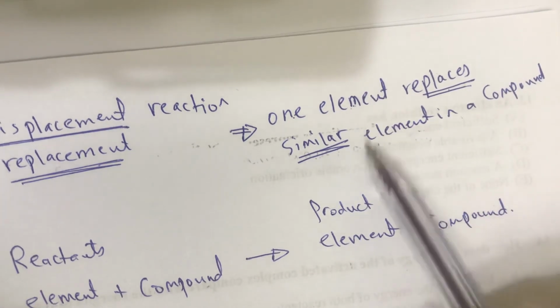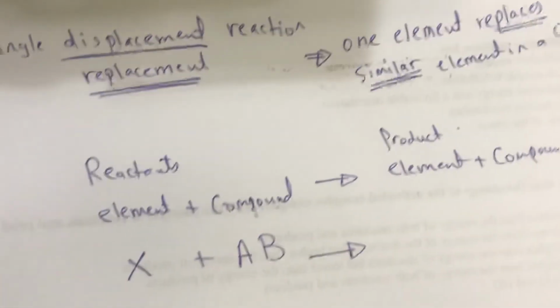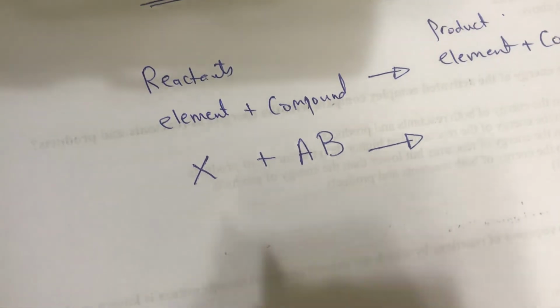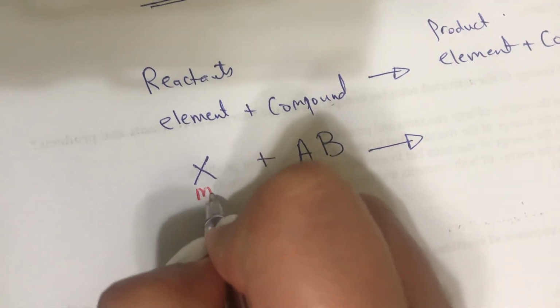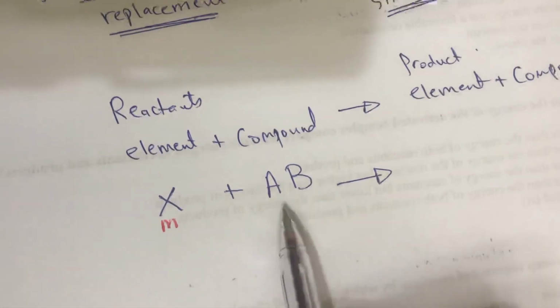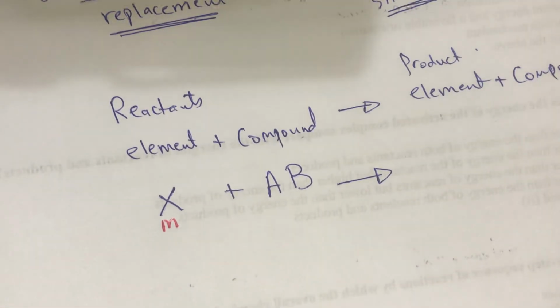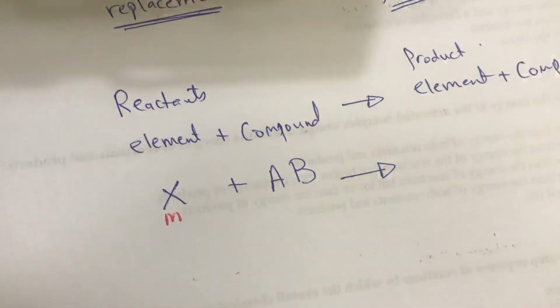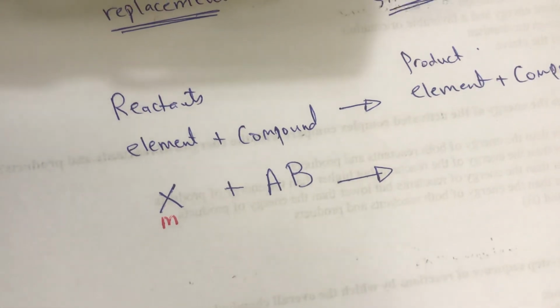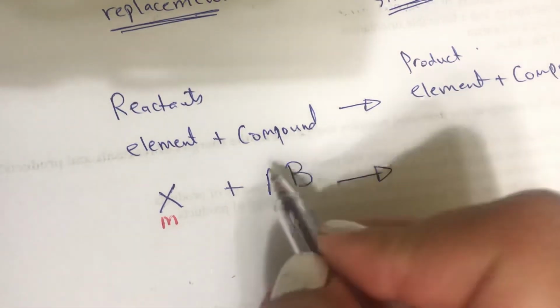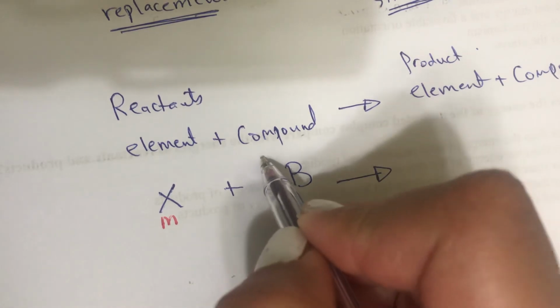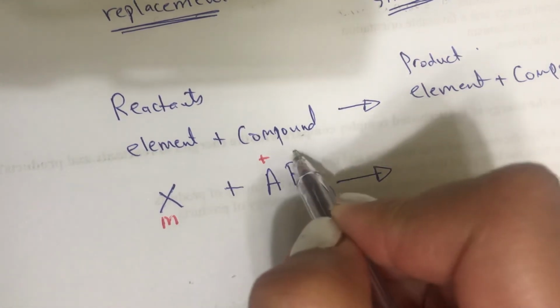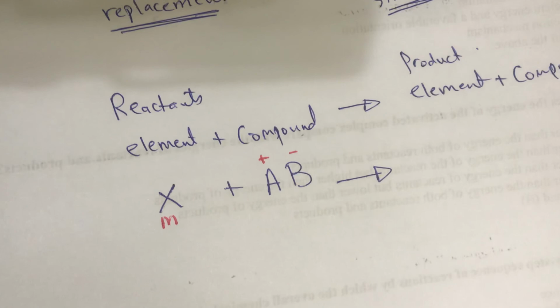If non-metal, it replaces the non-metal in the compound. So for example, if X is metal, this is a compound. As you know, for ionic compounds, we write the formula for the cation, which carries the positive charge, and the anion, the negative charge.